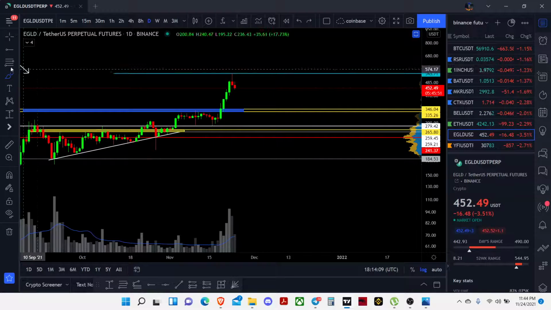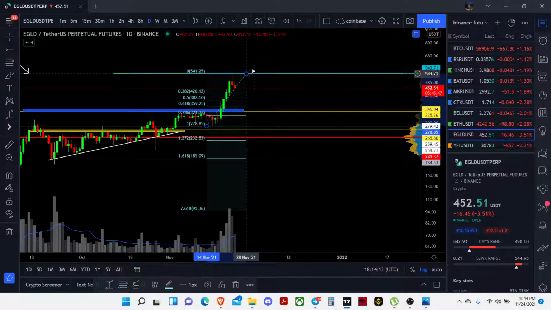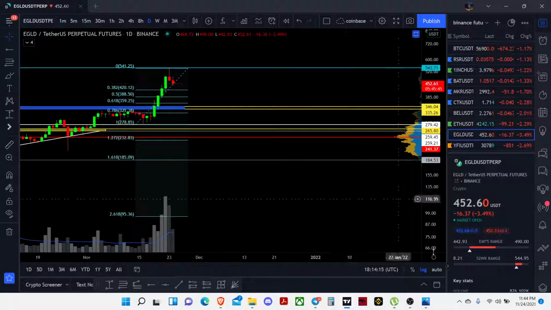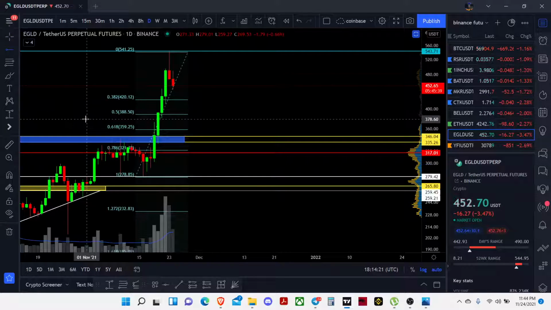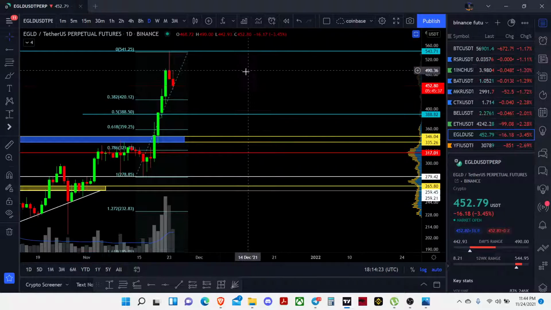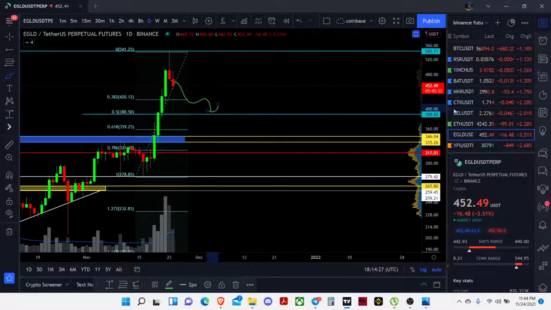That is what I'm expecting right now, or any sort of good healthy correction. That would be like here, 390. That is a good zone to expect it to come back down.